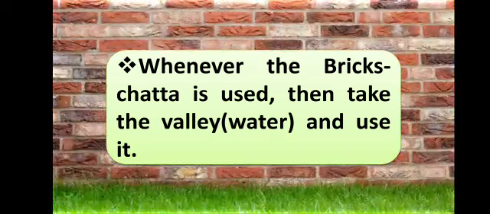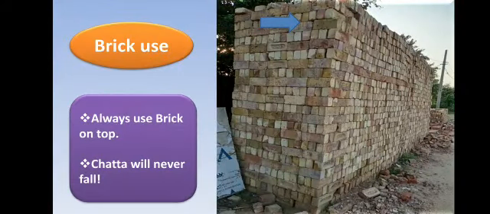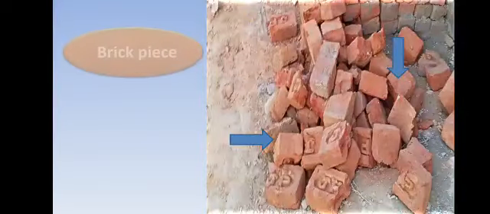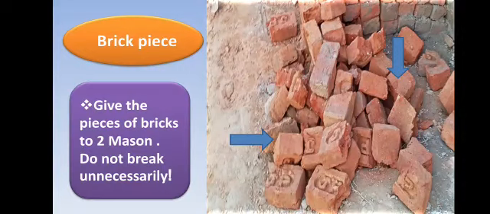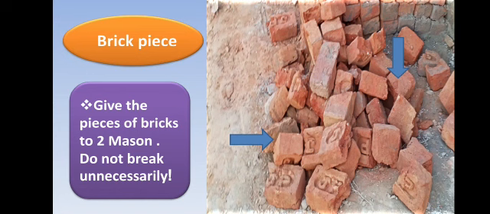Next, while using the bricks from the stack, start from the bricks at the top so that the stack remains intact and there is minimum breakage of bricks on site. Next, take the broken pieces of bricks to the mason immediately so that they are put into use and no fresh bricks are broken for the same.